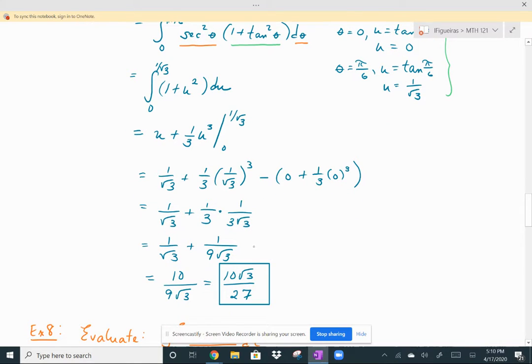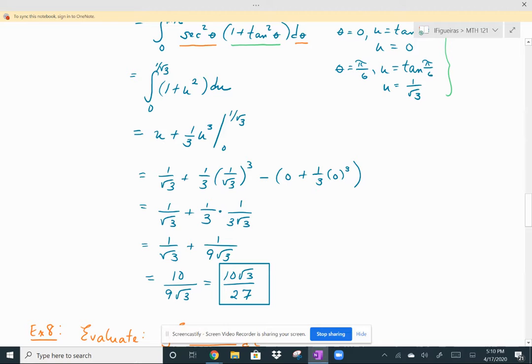And when you multiply the second fraction, you have 1 over root 3 plus 1 over 9 root 3. So our common denominator is 9 root 3. And when you multiply the first one by 9, you are able to combine and get 10 over 9 root 3. And if you were to rationalize it by multiplying top and bottom by root 3, you end up with 10 root 3 over 27.